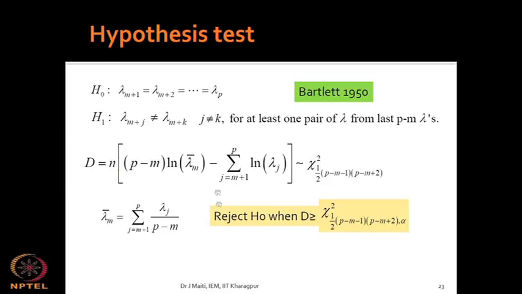Then the statistic is d equal to n times (p minus m) log lambda m bar, where lambda m bar is the average of the components you are discarding. This quantity will follow a chi-square distribution with the appropriate degrees of freedom.